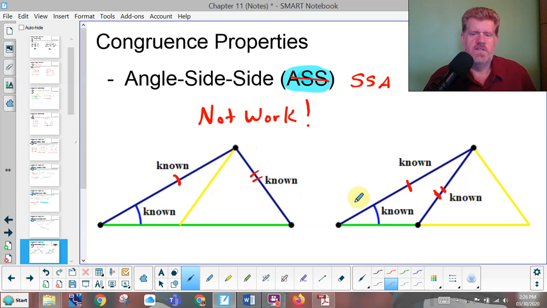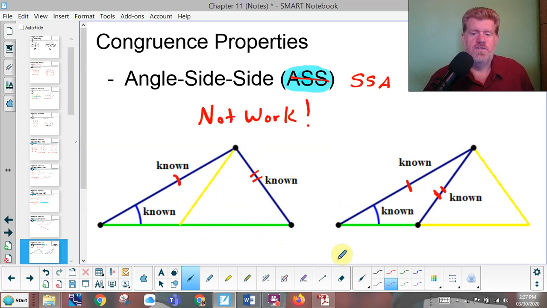So do you see in this triangle how these are all true? This angle and this angle are the same. This side and this side are the same. This side and this side are the same length. But you see how this one right here, I can swivel it and hit that triangle in two different areas. The green side, I didn't say had to be a certain length. So the green side can be any length you want it to be.